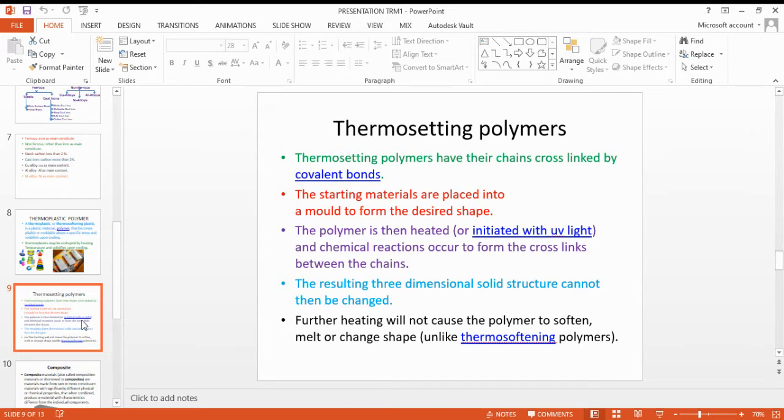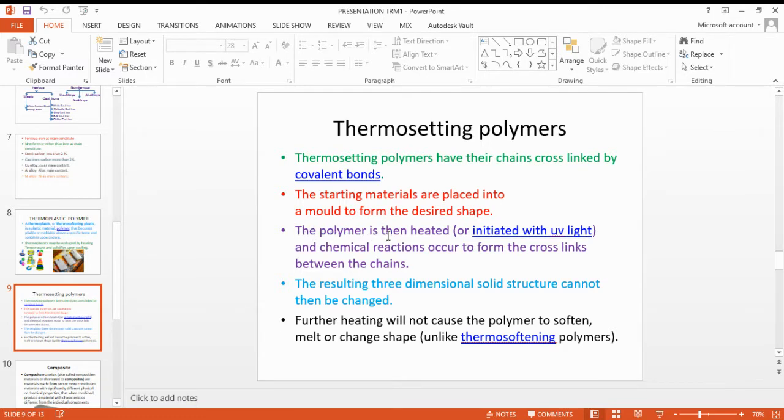Thermosetting polymers have their chains cross-linked by covalent bonds. What is a bond? What is a covalent bond? That is a question I pose to the class. I'll need the answer in the next class. The starting materials are placed into a mold to form a desired shape.